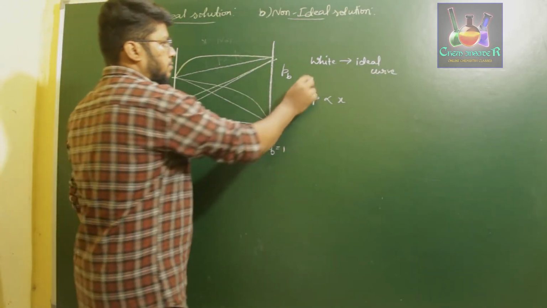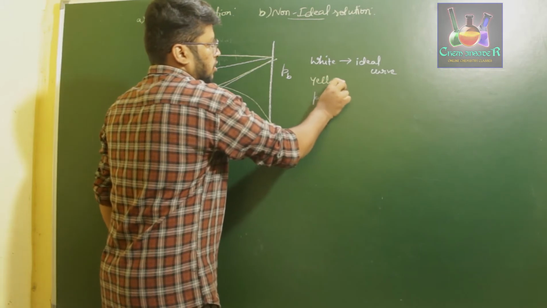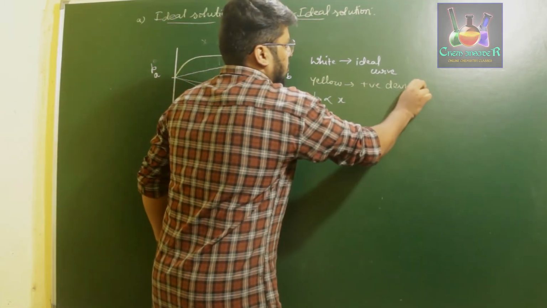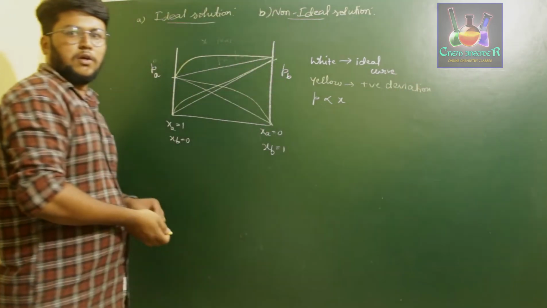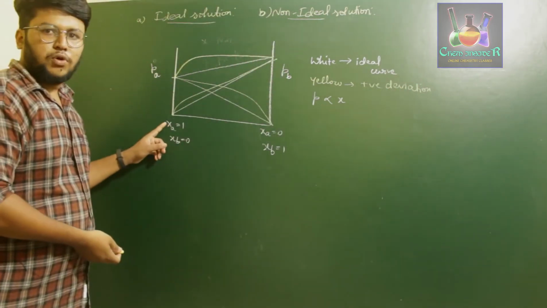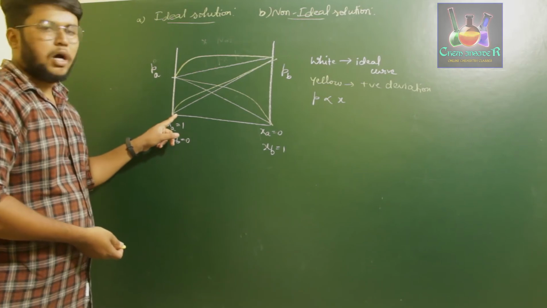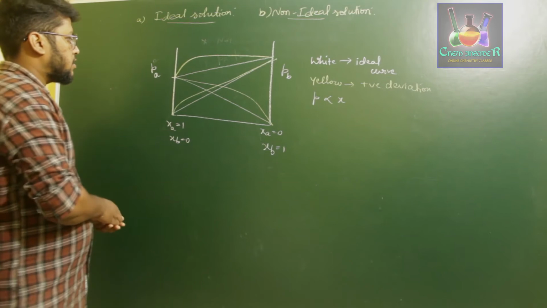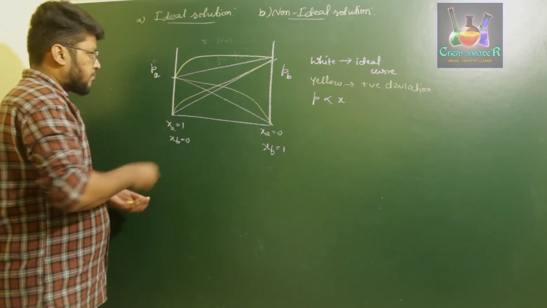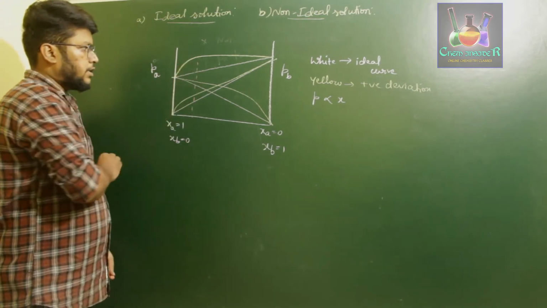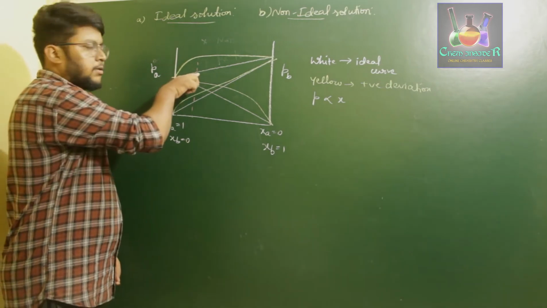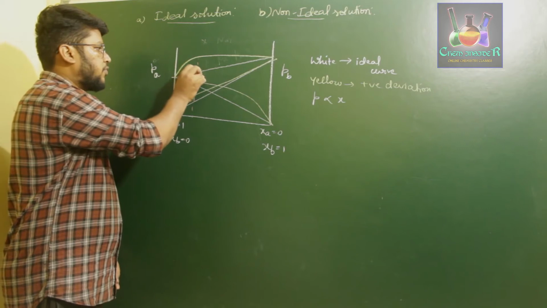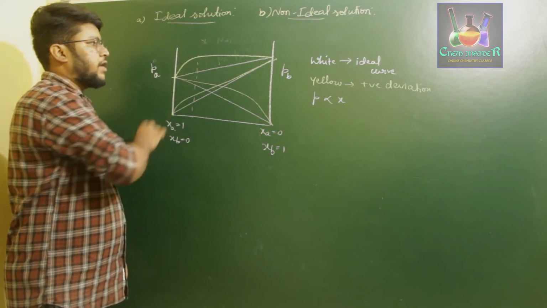The yellow chalk represents positive deviation. So if you observe here carefully, with the increase or decrease in mole fraction, we are observing an abnormal increase. So there is a positive deviation if you particularly consider this point. At this concentration, the vapor pressure of the liquid solution should be somewhere over here, but it is found to have a higher value.